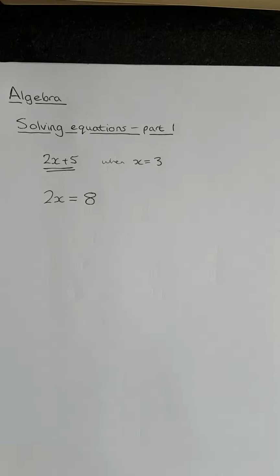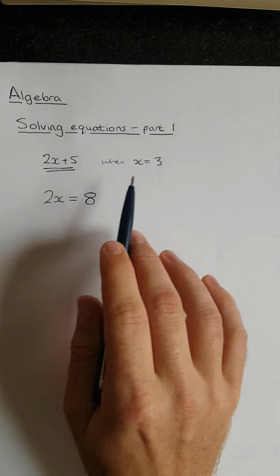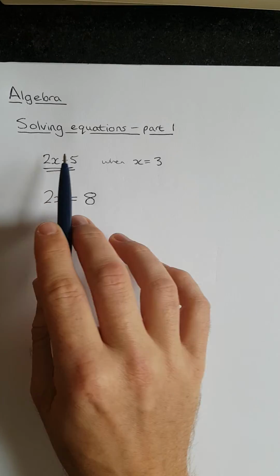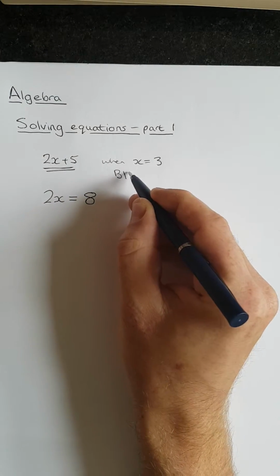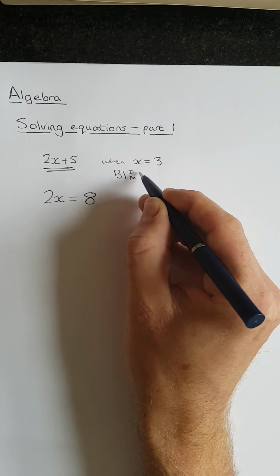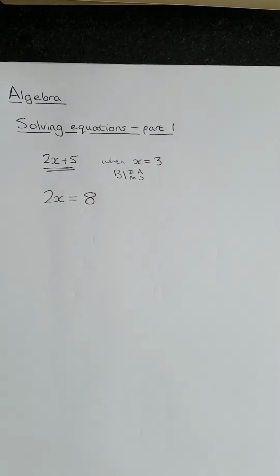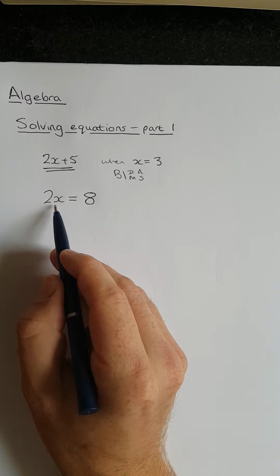Well, in substitution, I apply steps in an order in order to calculate a value. In this situation, I need to be able to reverse those steps. So, what steps have been done to my x?